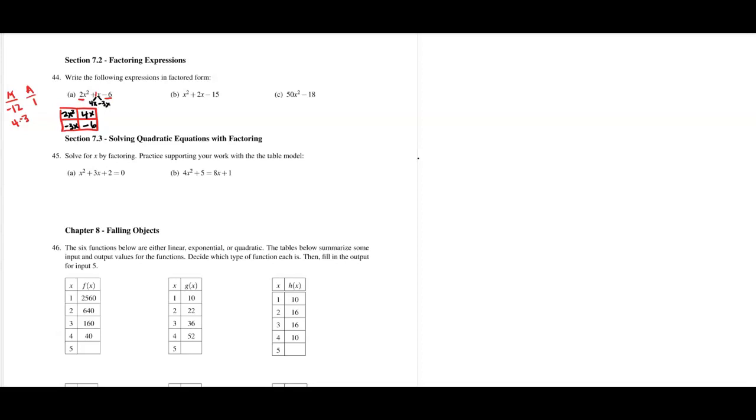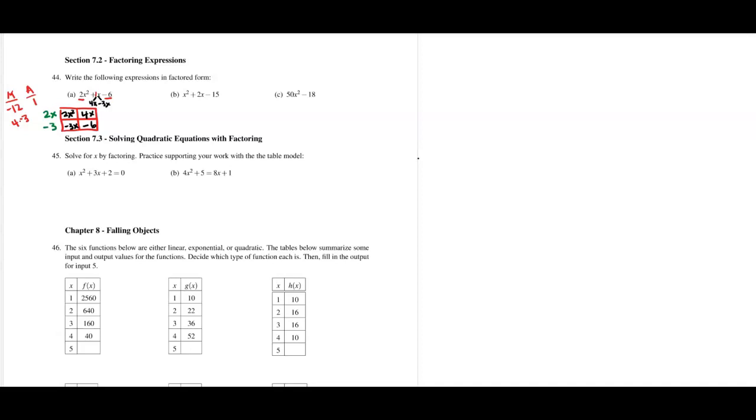And so now we're just trying to factor out the greatest common factor in each column and in each row. So if we start with the top row, 2x can come out. That's our greatest common factor there. And in the bottom, notice that both of them are negative, so we're going to pull that negative out. And then there's also a 3 in common, so the negative 3 is going to come out here.